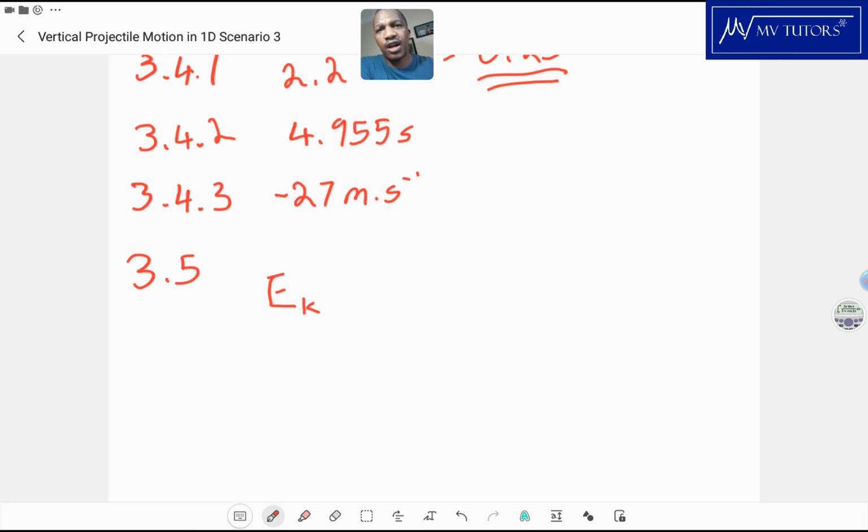The initial kinetic energy has to be the same as the final kinetic energy. That's before and after contact, before and after the respective bounces. So theoretically, we know that it cannot be elastic because the kinetic energies before and after the bounce are different. So we are going to choose inelastic.